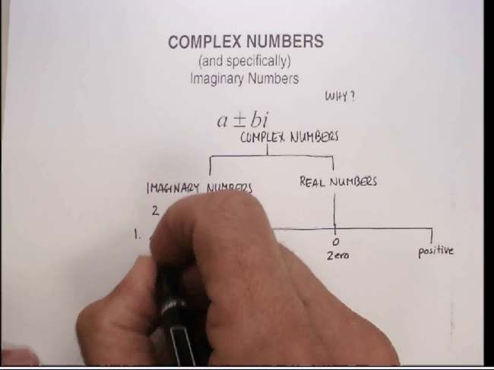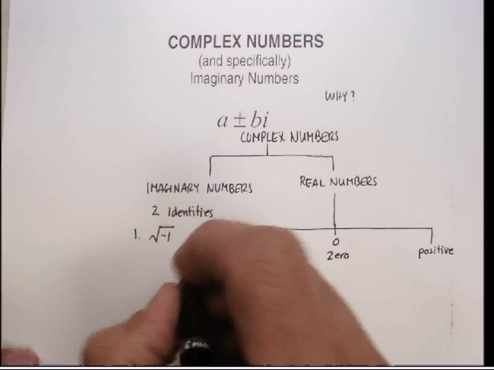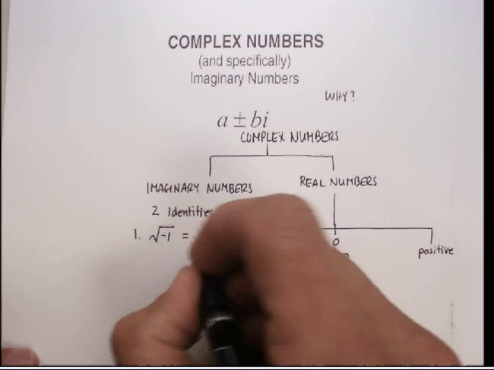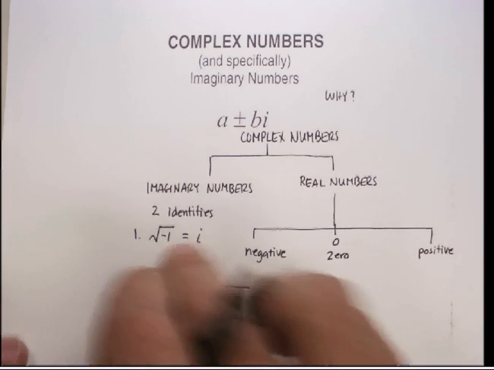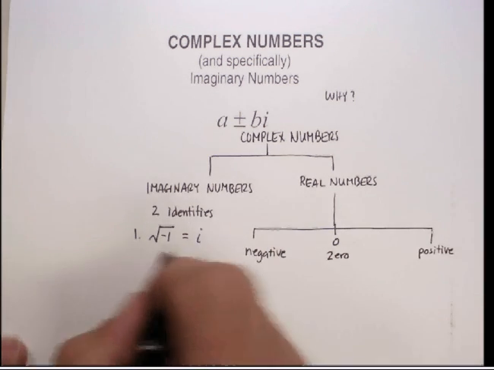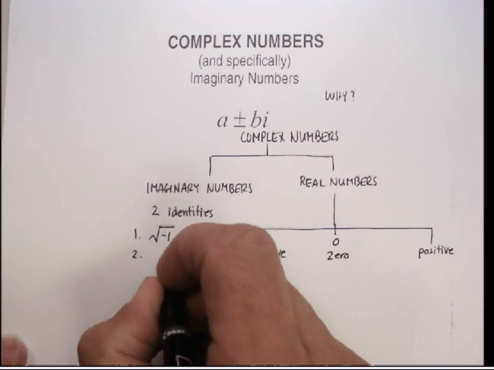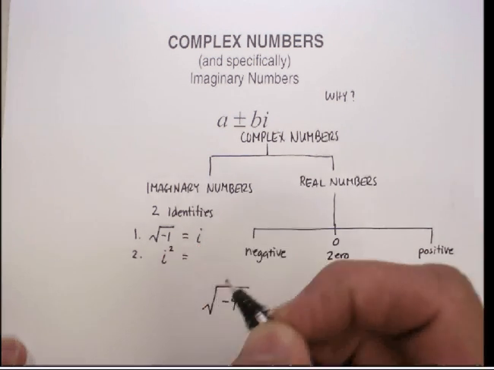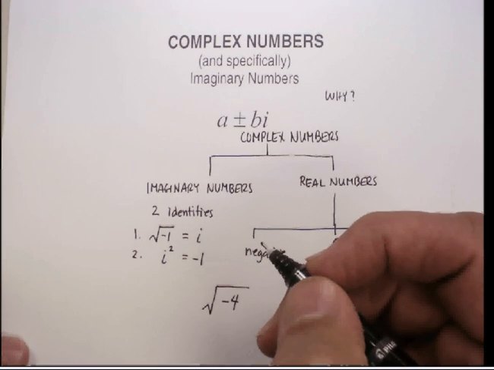If you take the square root of -1, we're going to call that i, because there's no real number that exists for that. So we're going to call that i. Okay, so that's your first identity. Now your second identity is this. If you square i, you're going to get -1. Okay?